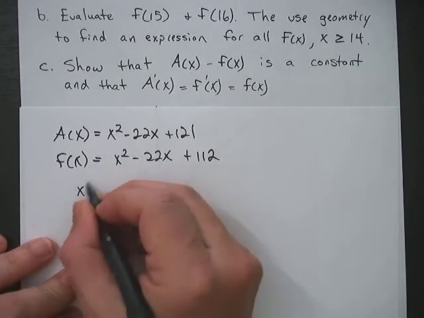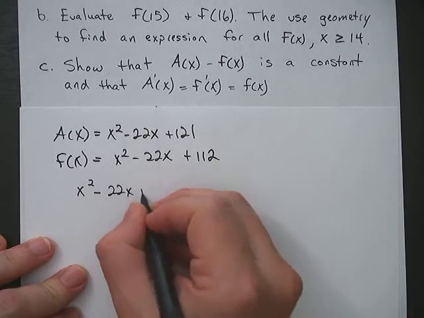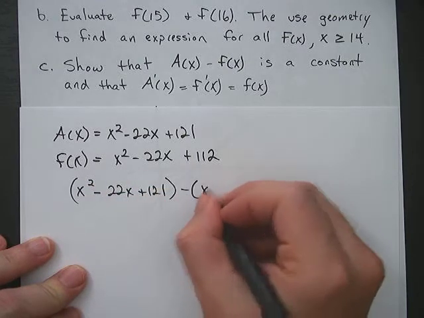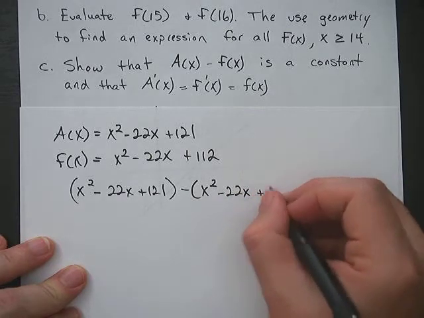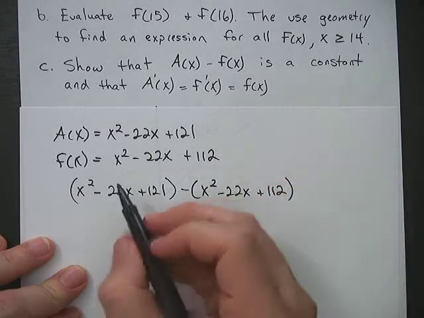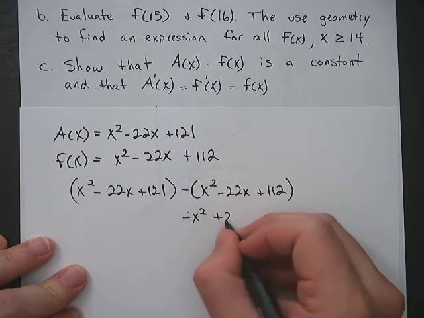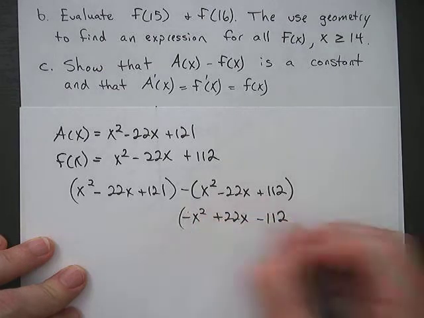Okay, but let's go ahead and write it out. So x squared minus 22x plus 121 minus (x squared minus 22x plus 112). Okay, so when we distribute the minus, it becomes negative x squared, positive 22x, and negative 112 in this parentheses if we're adding it.